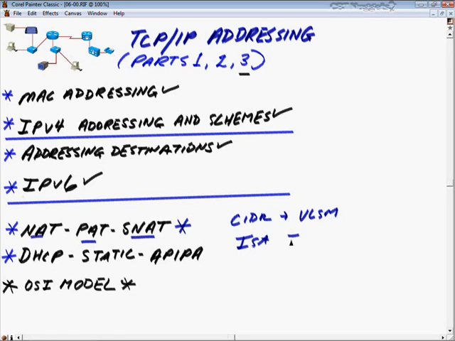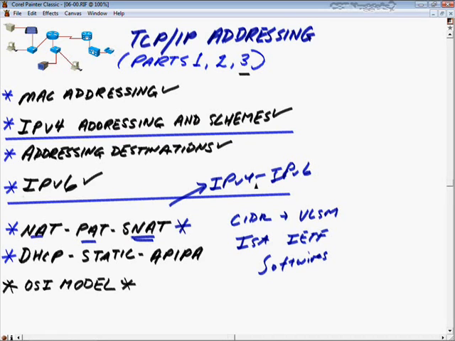The IETF, the Internet Engineering Task Force, refers to SNAT as Softwire's Network Address Translation, based on the Softwires working group. So this is a very confusing acronym. Again, I'm surprised they even put it on the exam, but just so you know, SNAT. For practical purposes, think of SNAT as used in an IP version 4 to IP version 6 translation process. Think of it as NAT interoperating with IP version 4 and IP version 6 in a transitionary state.